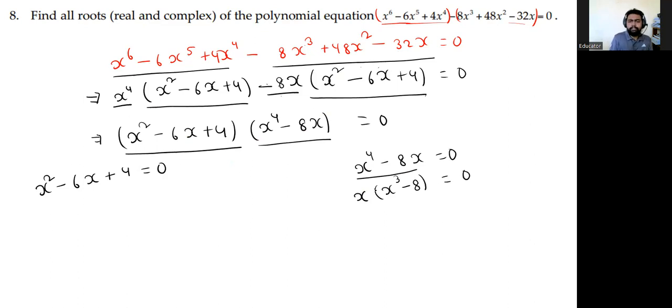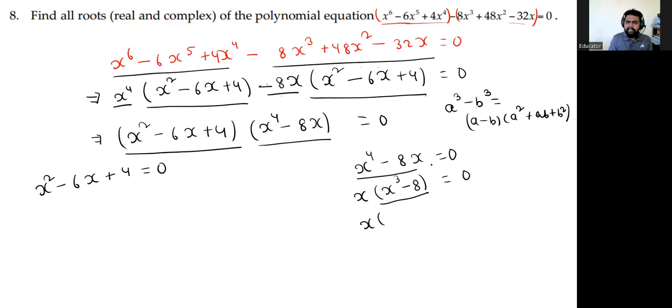Done. Now, if you see this term carefully, this is nothing but a cube minus b cube. So you must know the formula of a cube minus b cube in order to solve it. The formula for a cube minus b cube, I'm writing over here, is a minus b times a squared plus ab plus b squared. Let us factorize. So x would be there.